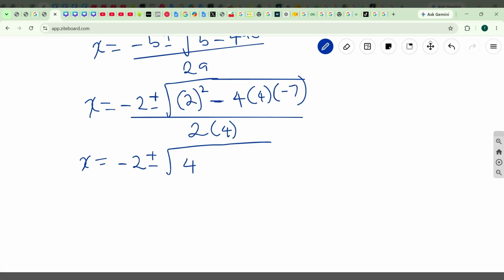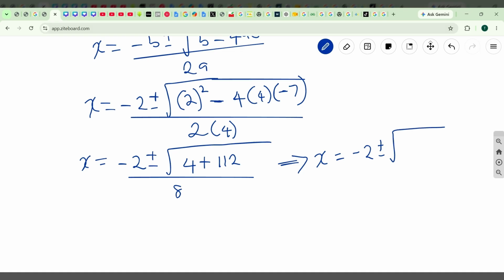And then negative multiplied by this negative is positive. And then I have my 112 divided by 2 times 4, which is 8. So x is equal to negative 2 plus or minus the square root of 112 plus 4, which is going to give us 116.